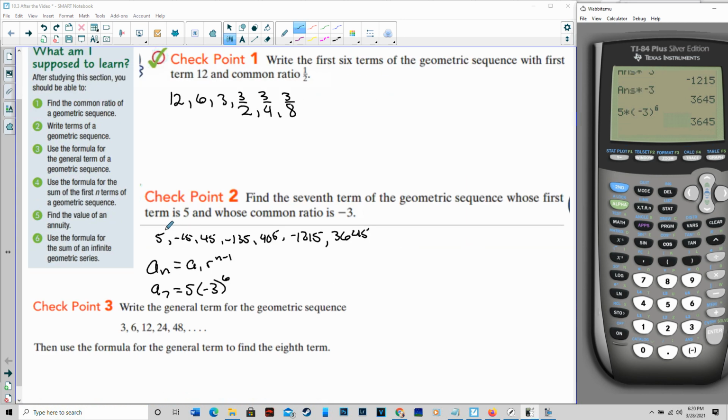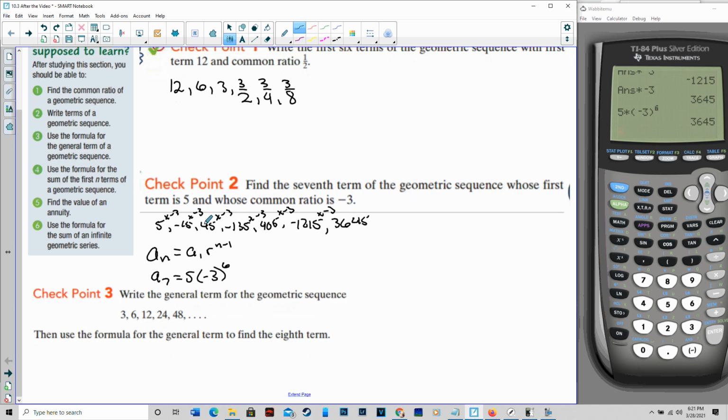Because we took the first term and we multiplied by -3, 1, 2, 3, 4, times -3, 5, and times 6 to get this one. So to get the 7th term, you actually multiply by 6 -3s, not by 7.